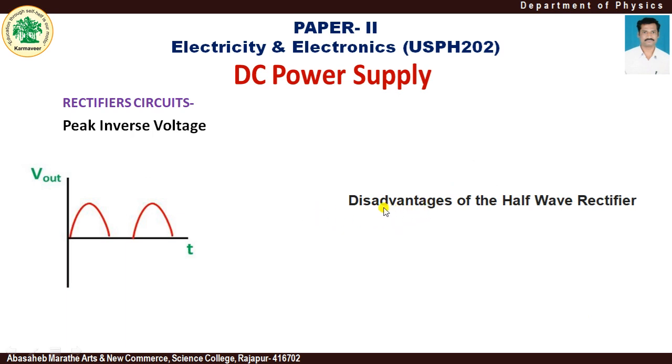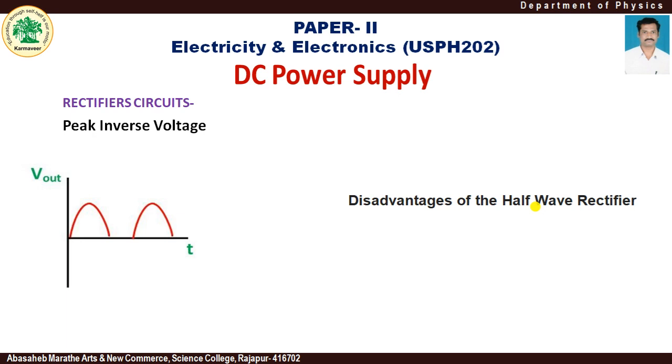Now let us discuss the disadvantages of the half wave rectifier. There are generally two disadvantages. The first one is that this half wave rectifier converts AC to DC for only half cycles of the input AC voltage.